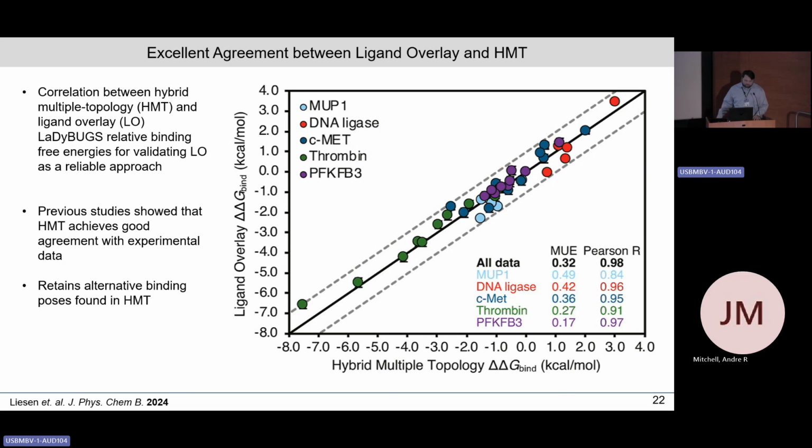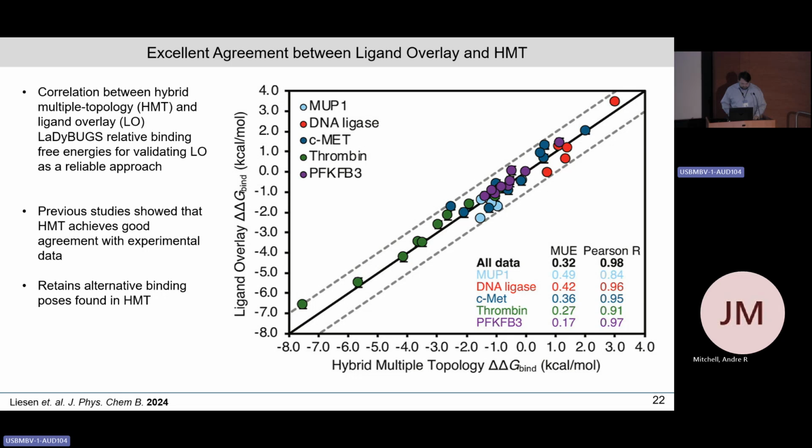This is very good to know because, as we showed earlier with the hybrid multiple topology, we were able to get very good agreement with experimental results as well as with TI. Showing that we're able to retain those same predictions with our ligand overlay suggests that we're simplifying the setup without changing the free energy results themselves.